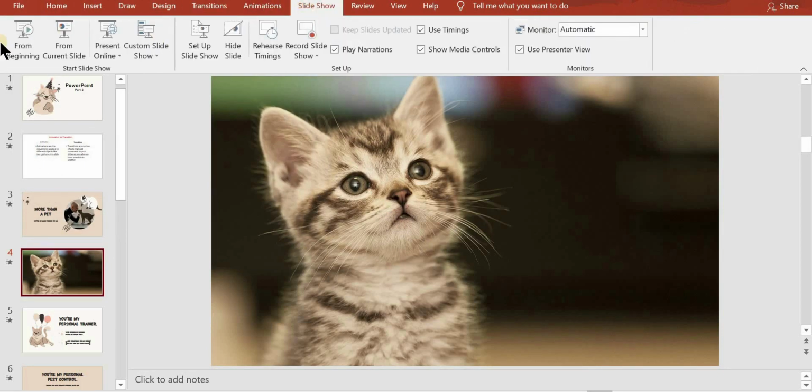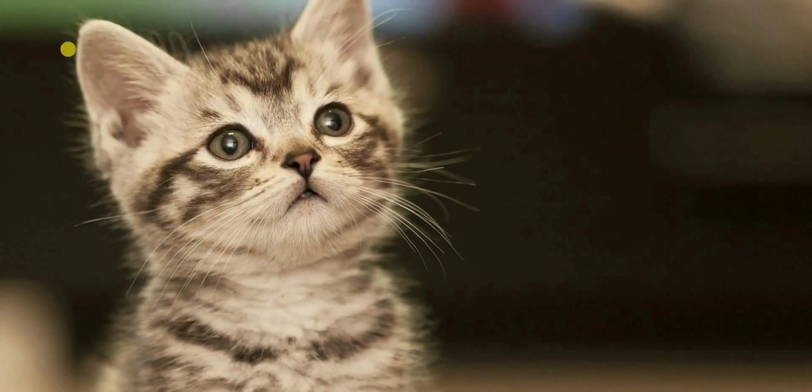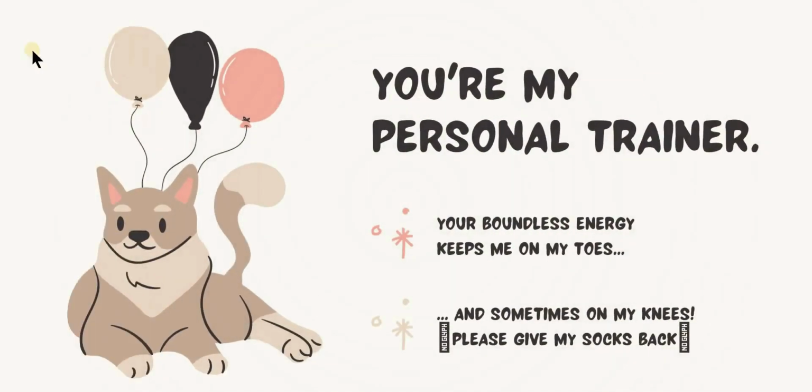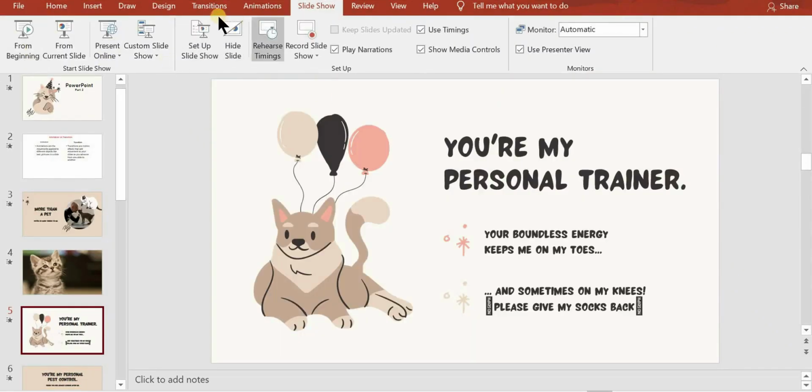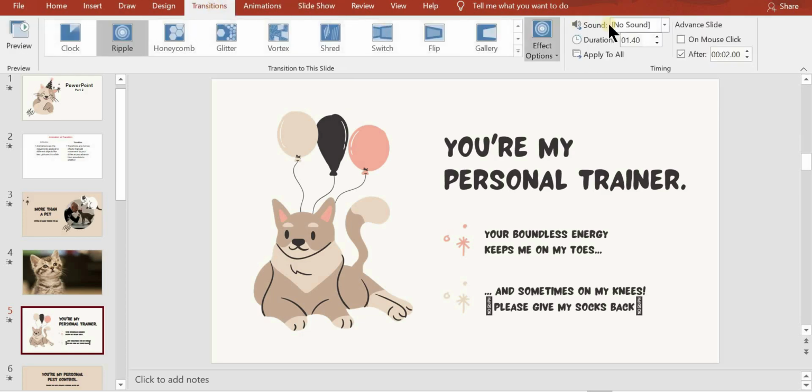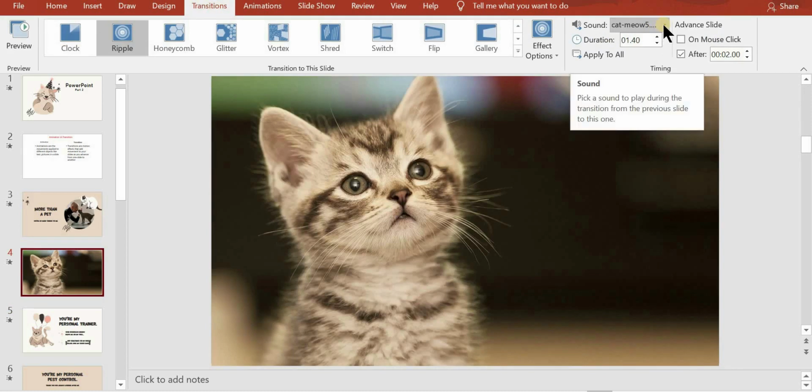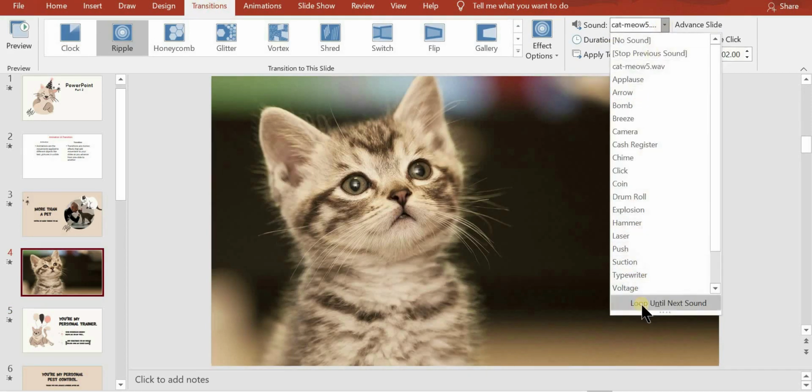Slideshow time. From current slide, I am selecting current slide. You can hear that cat sound. That cat sound you can hear only once. If you want to continue that sound till that slide appears on the screen, for that you can select sound, cat sound, and select this loop until next sound.